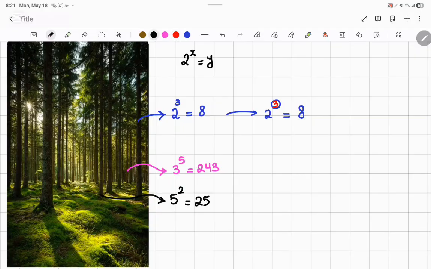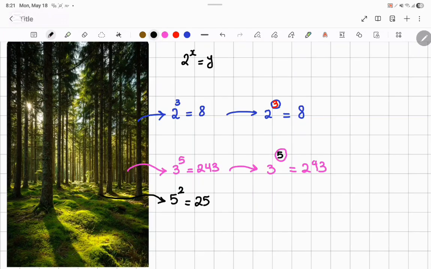I want you to go into the depth of how opposite these are. So look at the pink one. There's a tree that gets triple in size every year. After how many years is the tree going to be 243 times bigger? So what's the answer? It's going to be 5.